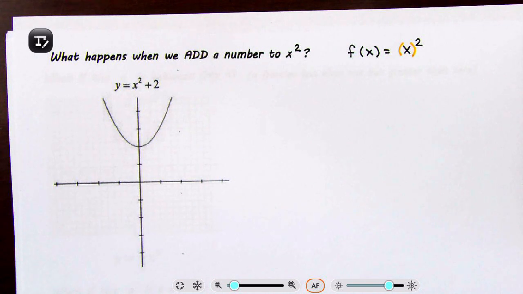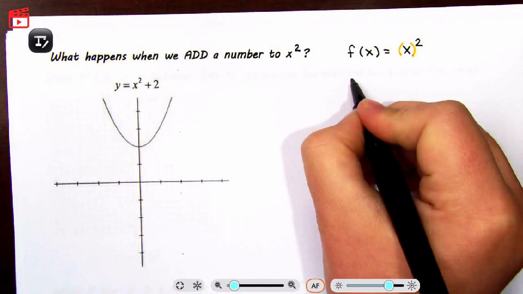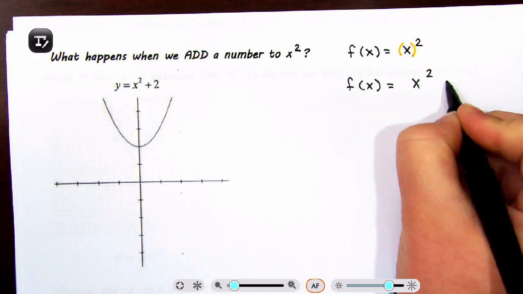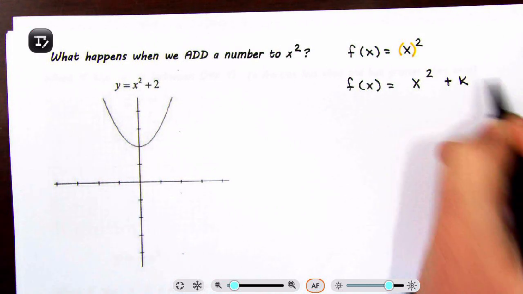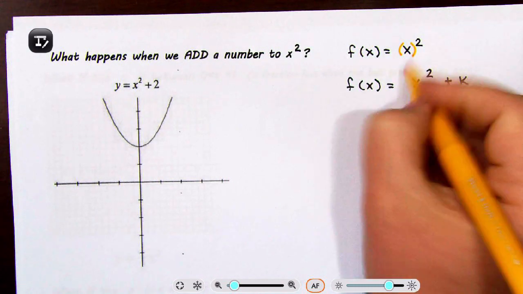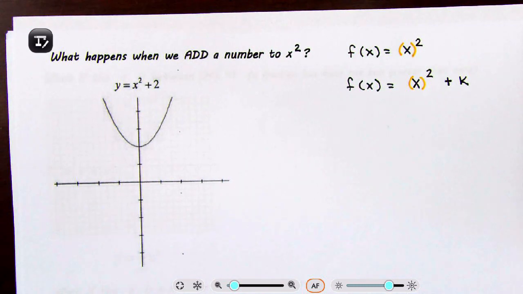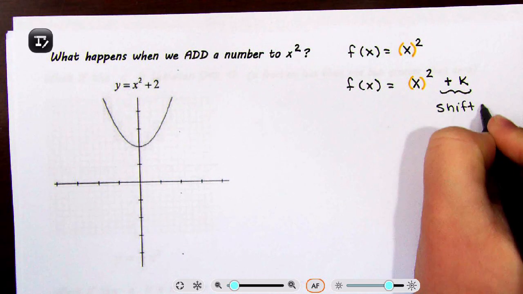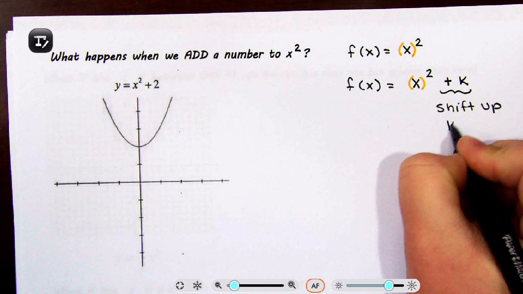And what we're talking about is what if you have x squared plus a number. And sometimes you'll see k used to represent a number being added or subtracted. So if you have a number that is added, what happens is you're going to shift up that amount.